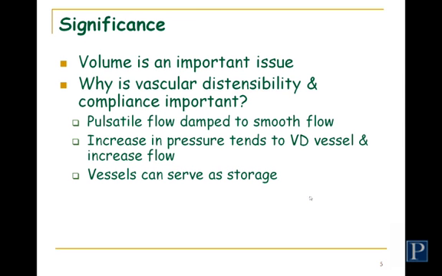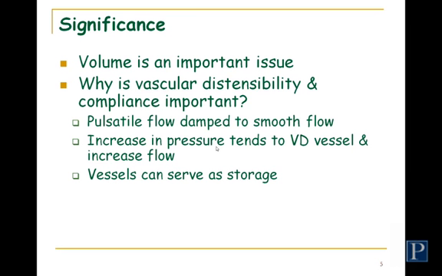If vessels were not very compliant, then we would have a problem with that. Also, one of the things comes down to the characteristics of smooth muscle. If you increase pressure in a blood vessel, the blood vessel will dilate, and the VD stands for vasodilate. So an increase in pressure will tend to relax the vascular smooth muscle, which helps to increase flow.